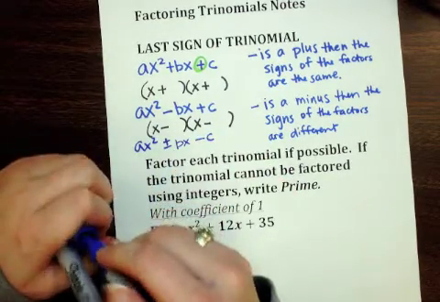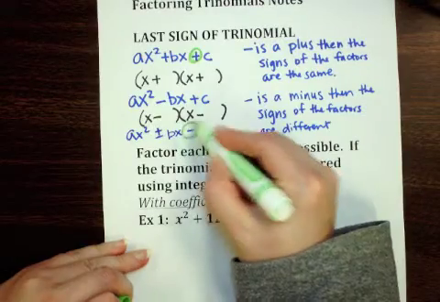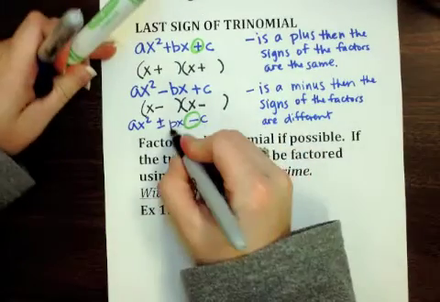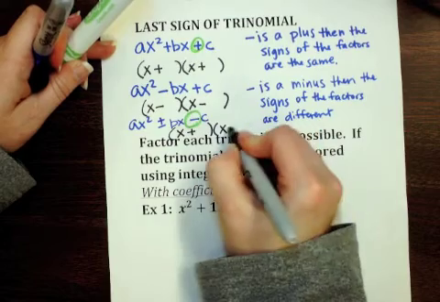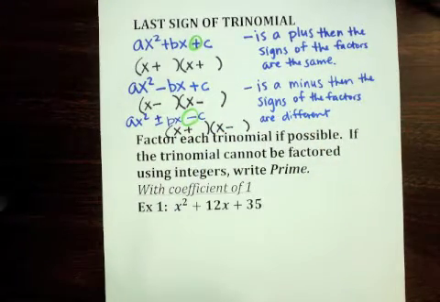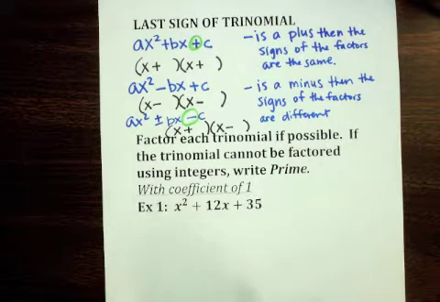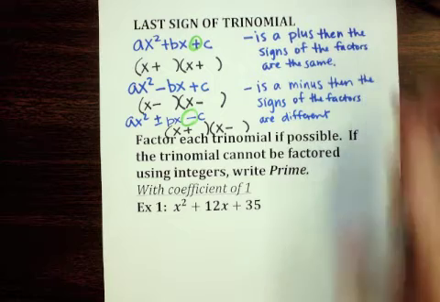But again, if it ends in a minus, then that means that the factors have different signs. Okay? And you'll do enough of them that you'll get the hang of it. And if you don't, ask me. We'll have a conversation about it, about specific problems, and I'll test you on what I mean by the last sign.